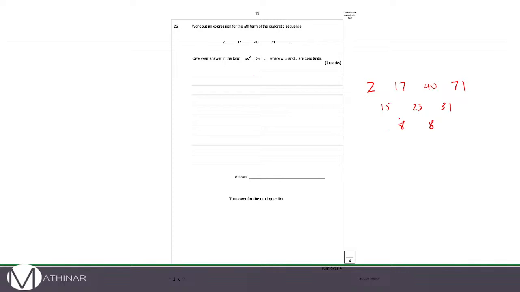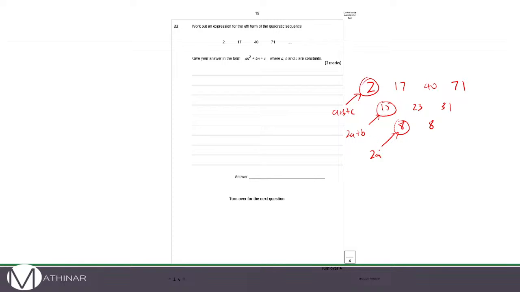And then these 3 things, we need to label them. So this is going to be 2a, and then I think this is a plus b plus c, and this is 2a plus b, I think, or 3a plus b. I'm going to figure this one out in a minute.